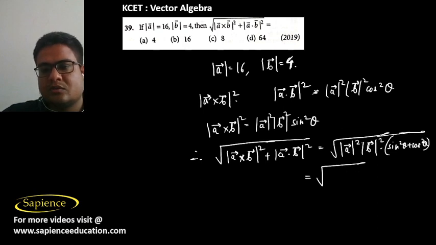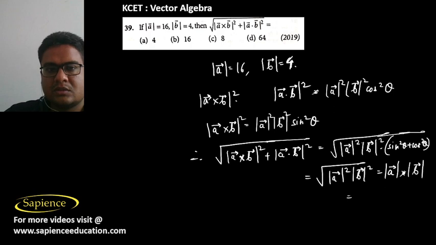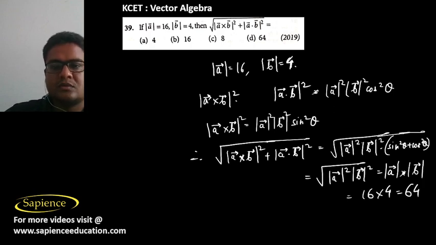This will be square root of mod A square B square. So this is equal to mod A into mod B. So that is 16 into 4 is 64. Option D is the correct answer.